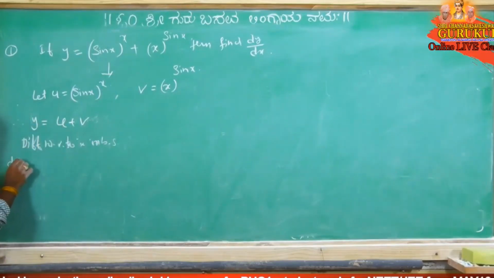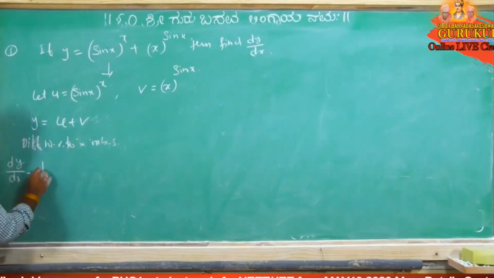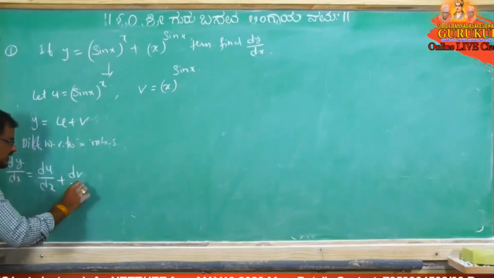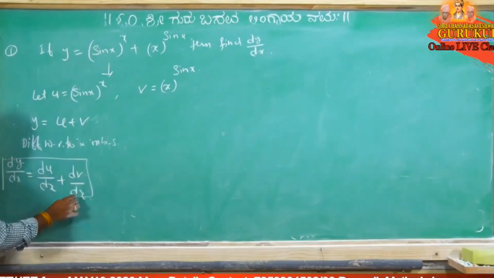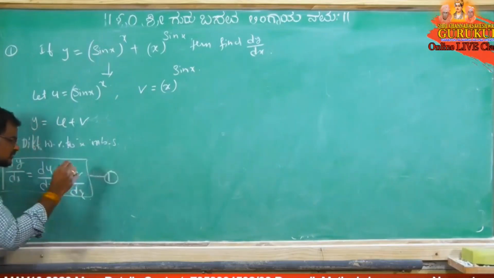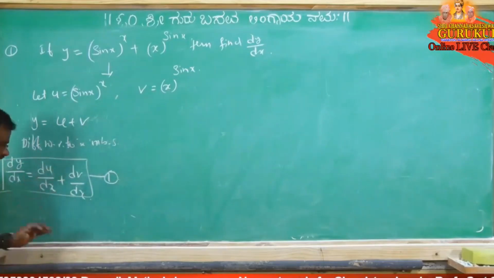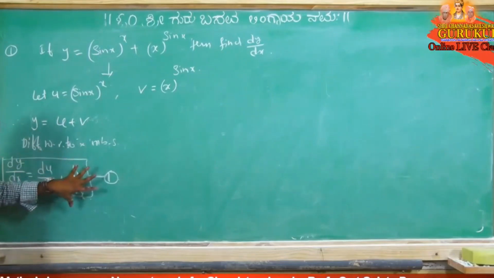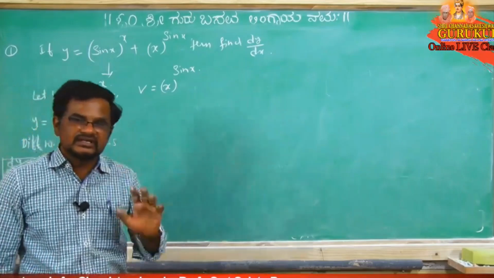Now dy by dx equal to du by dx plus dv by dx. Take this as equation number 1. For dy by dx, first we have to find du by dx, next dv by dx. Then if you substitute the two values, our required answer dy by dx you will get.